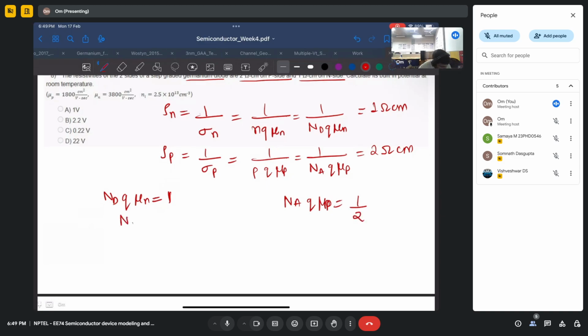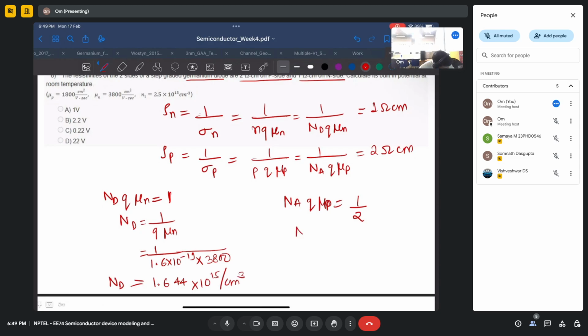So Nd will be 1 upon q mu n, which is 1 upon 1.6 into 10 to the power minus 19 into 3800. If I solve this, Nd will be 1.644 into 10 to the power 15 per centimeter cube.